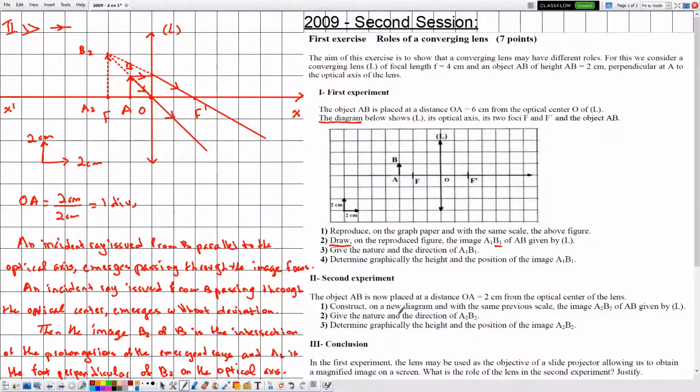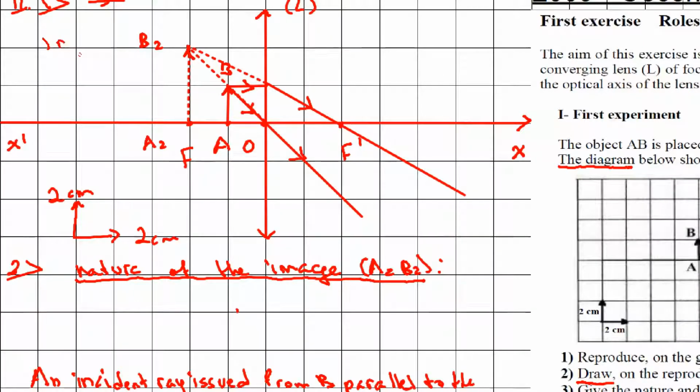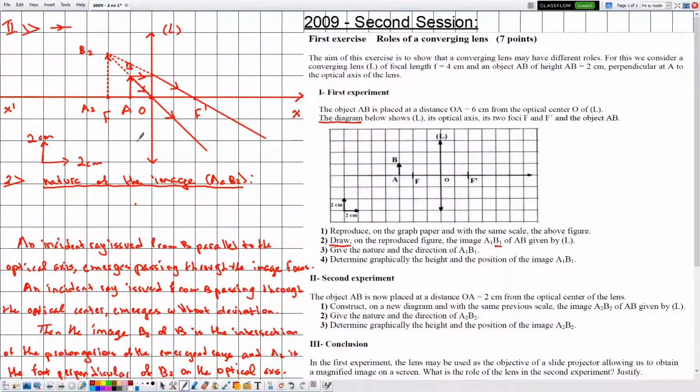Now in number 2, they are telling me give the nature and the direction of A2B2. So first let's start by the nature of the image A2B2. By nature, we need to specify whether the image is real or virtual. Notice that the object AB and the image A2B2 are on the same side of the lens, which is in front of the lens, which means that the image is virtual, because we know that whenever the object and the image are on the same side, then the image is virtual.